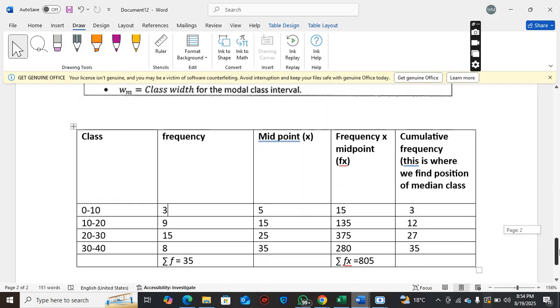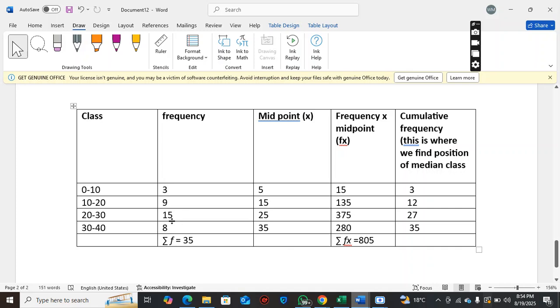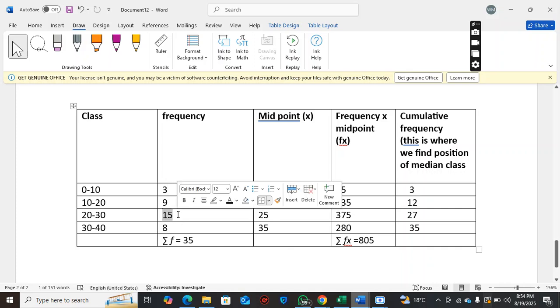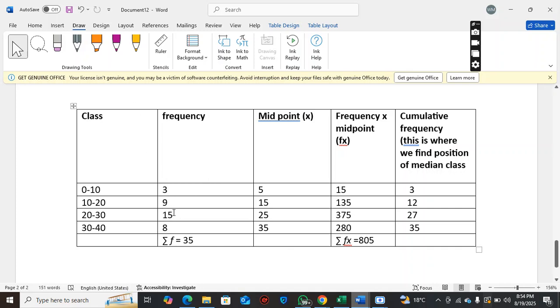Okay, we look for which class has the highest frequency. It's this class here, with the highest frequency, 15.